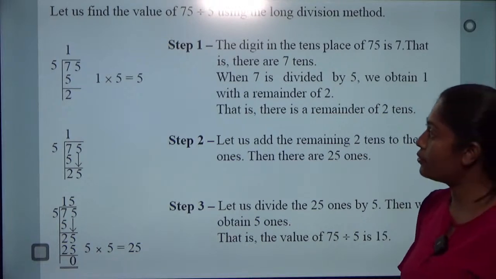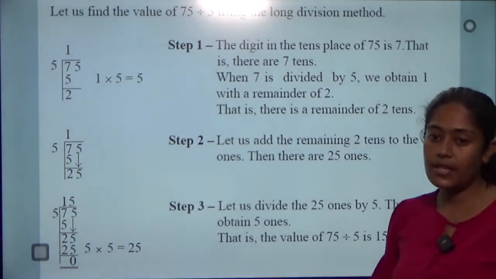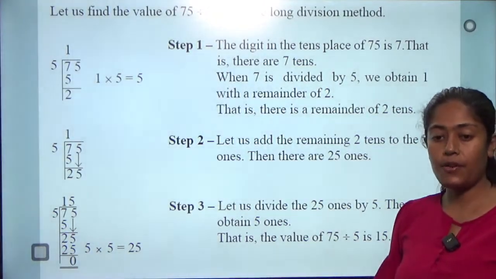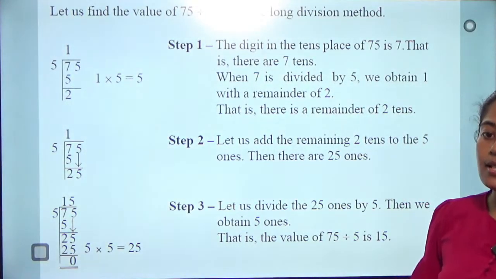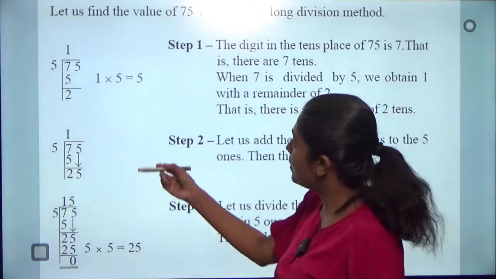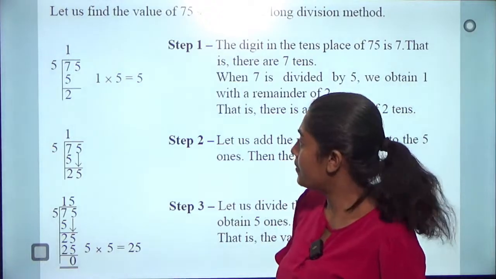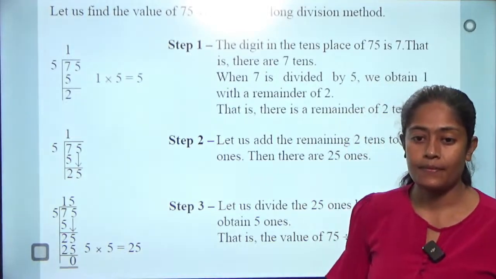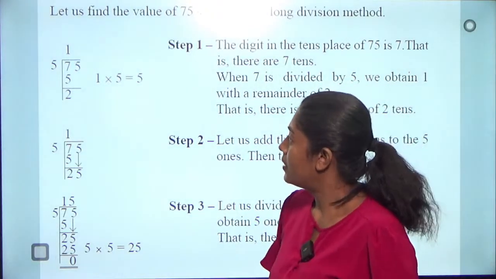Step 1: the digit in the tens place of 75 is 7, that is, there are 7 tens. When 7 is divided by 5, we obtain 1 with a remainder of 2 tens. First you have to check how many 5s are there for 7. 1, no?